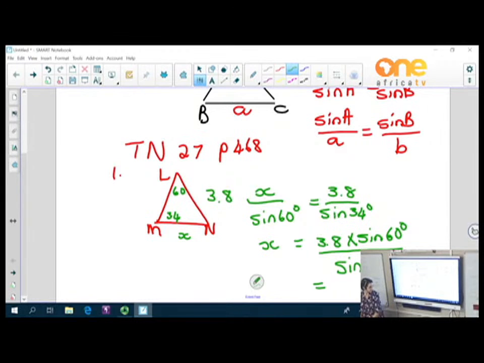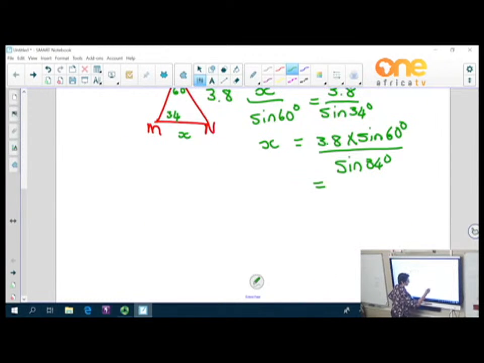So 3.8 times sine 60 degrees divided by sine 34. And I got 5.885. It's also important that we will look at the rounding.